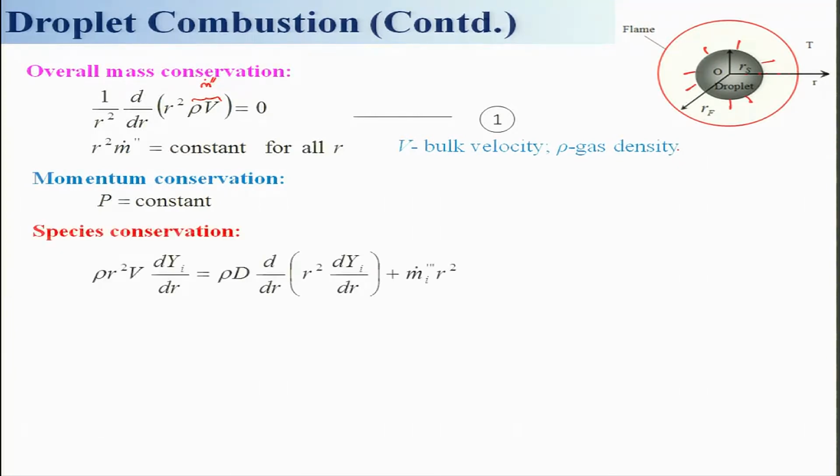So, species conservation, if you look at, this is basically the convection term, rho r square v dY_i by dr, where Y_i is the mass fraction of the ith species, and rho D, where D is the diffusivity and rho is the density, into d by dr in the bracket, r square dY_i by dr, minus m dot triple dash_i r square.